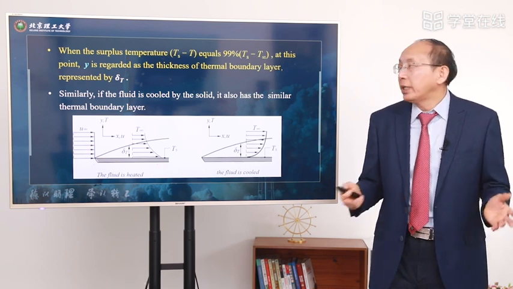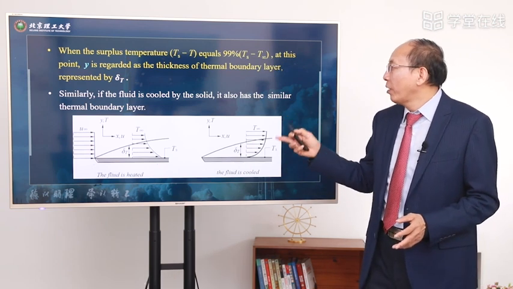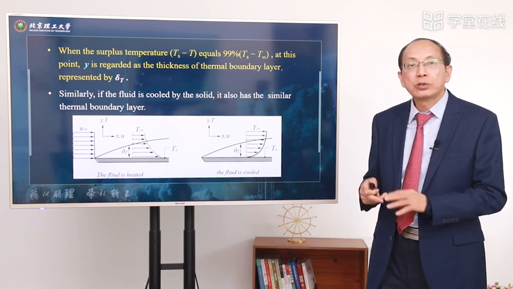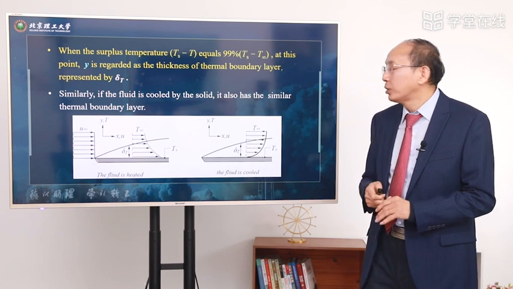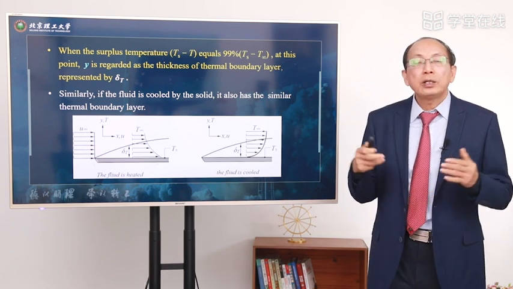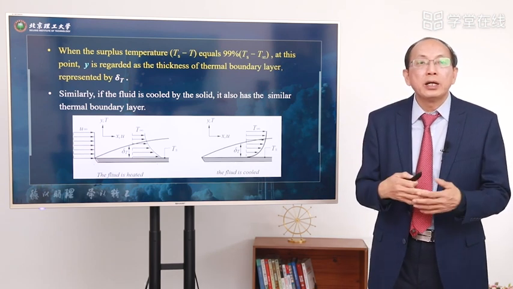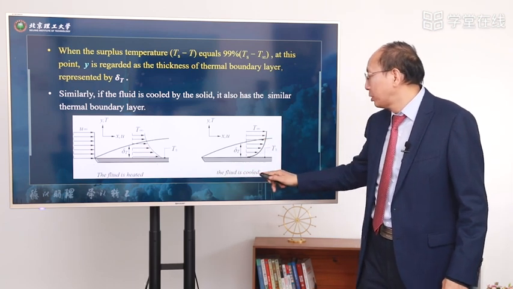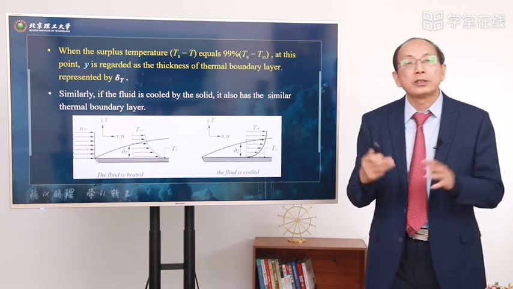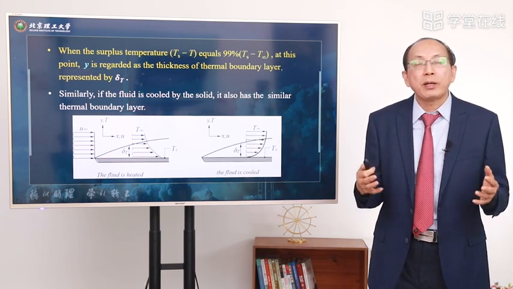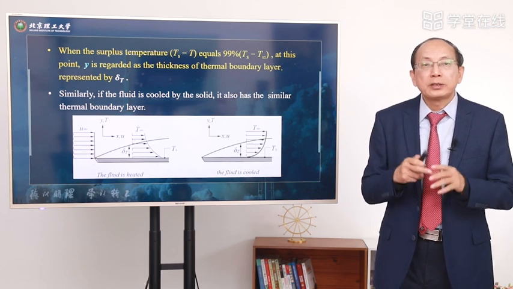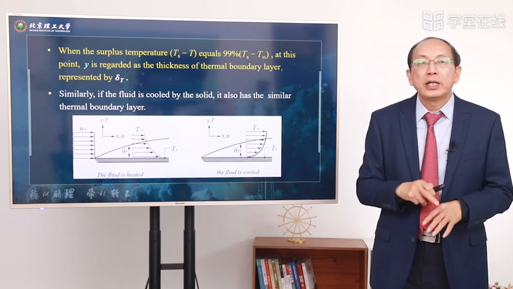Similarly, if the fluid is cooled by the solid surface, it also has a similar thermal boundary layer. Whether it is cooled or heated is different because the excess temperature is just opposite, but the thermal boundary layer is similar.